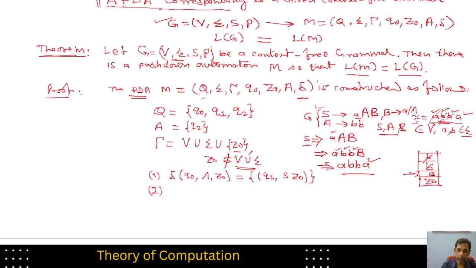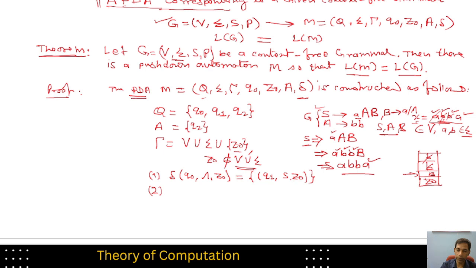Our intuition is to replace this S with a string of terminals. On behalf of the given input string, we have to see whether we are able to replace this S with a string of terminals only.